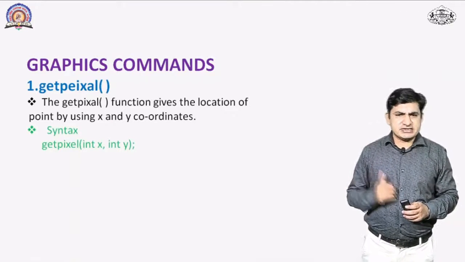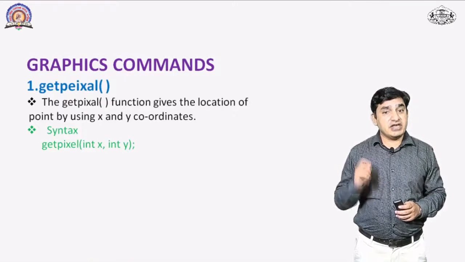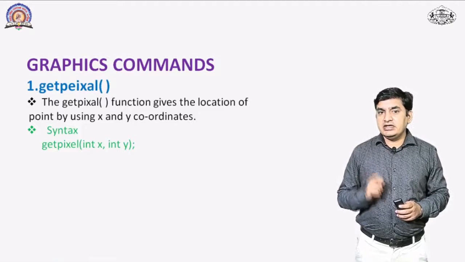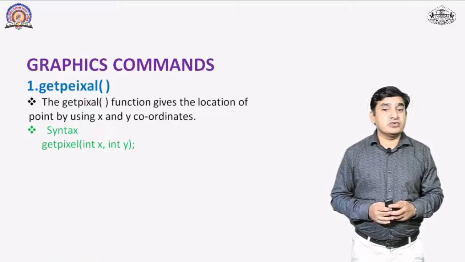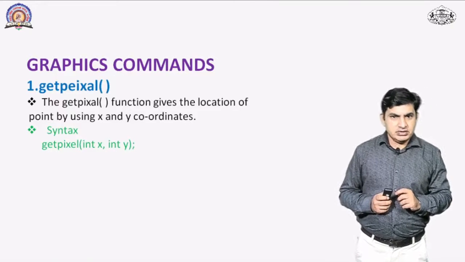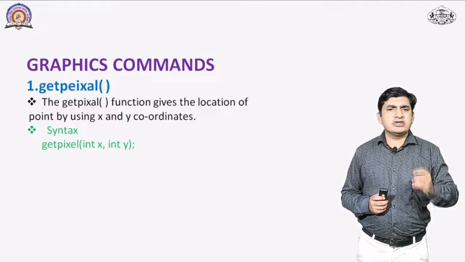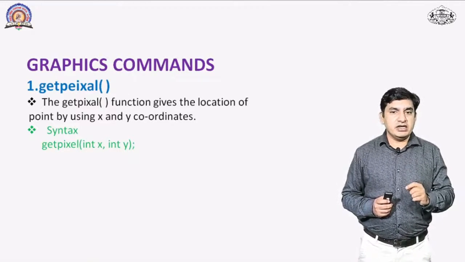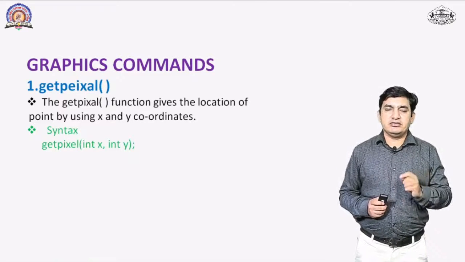Then the syntax of getpixel is getpixel(integer x, integer y). Here the value of x is an integer and the value of y is also an integer. Then the value of x gives the x coordinate, while the value of y gives the y coordinate on a screen.